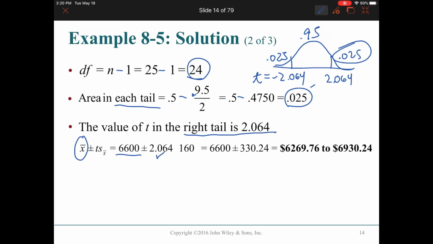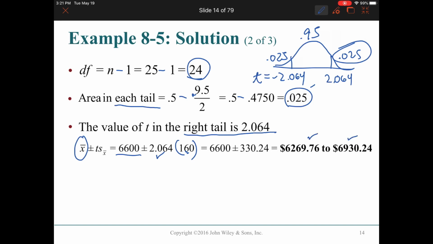X bar controls the confidence interval, just exactly like before. Start with 6,600. And then we're going to use the t value, something that does not repeat itself very often. It's a table value. They don't have the big three that repeat over and over like Z has the advantage of. And that number will be multiplied by what we just calculated from the prior page, 160.